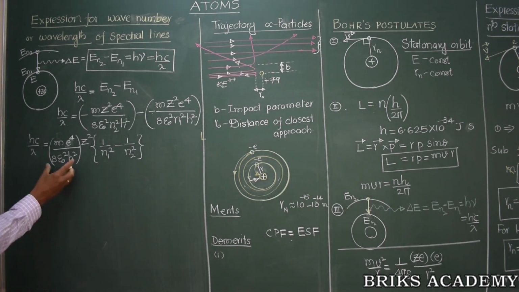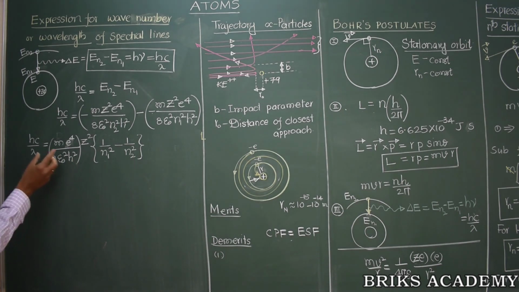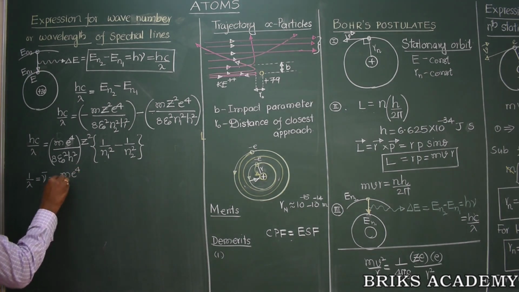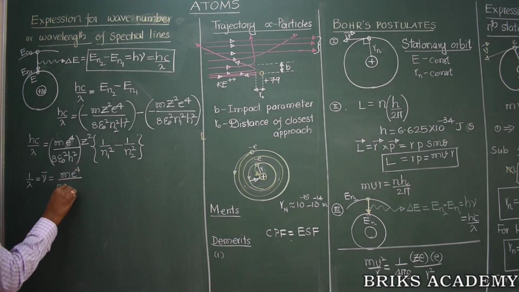Further, if you observe this bracket, these are all constants. Let us bring the other constant to the left hand side, that is hc, which is also a constant, to the right hand side. Then you get 1 by lambda, that is the reciprocal of wavelength, also called wave number nu bar. Reciprocal of wavelength is the wave number nu bar, that is equal to m e power 4 divided by 8 epsilon naught square.